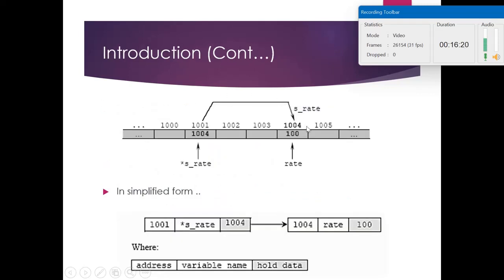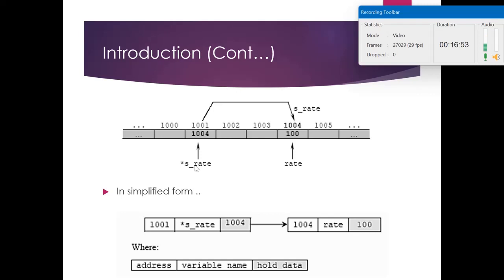It is pointing to an integer type variable, because rate is an integer type variable. If rate is a floating number, float rate, then this s_rate should be pointing to the floating point value. We can say float *s_rate.